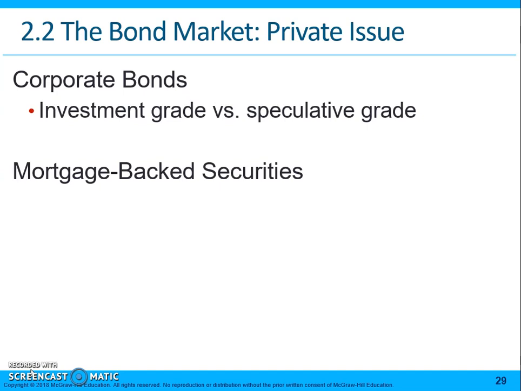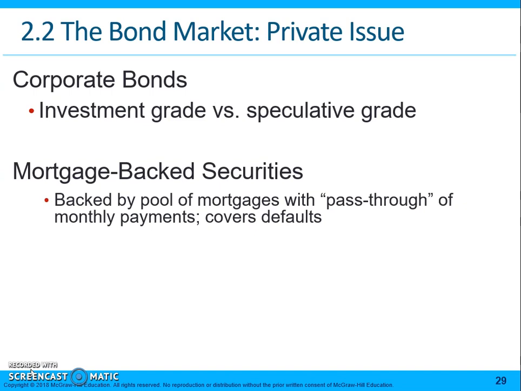Mortgage-backed securities. We talked a little bit about mortgage-backs already. The mortgage-backs are backed by a pool of mortgages that pass through the payments that are applied as interest. So when a mortgage pays interest, the holder of the mortgage-backed security will receive that interest through the pool.